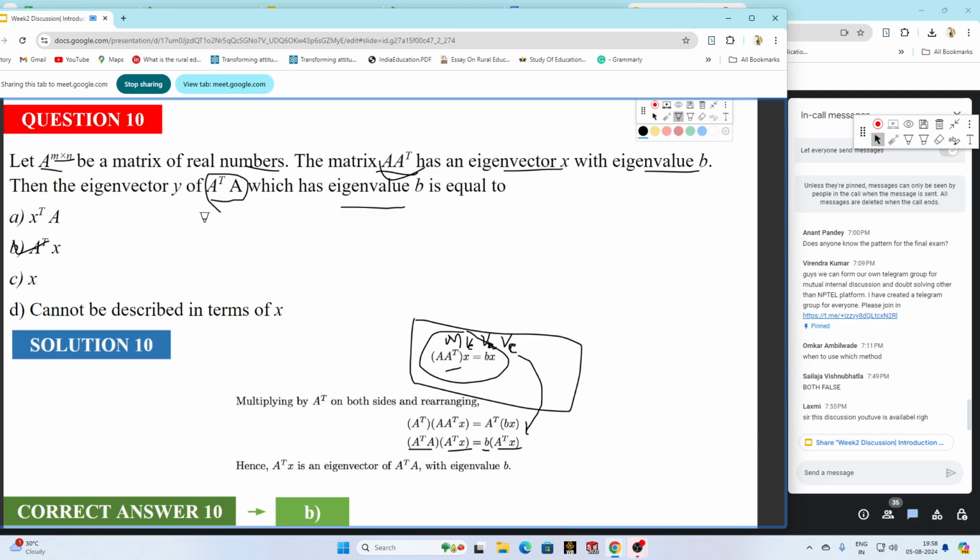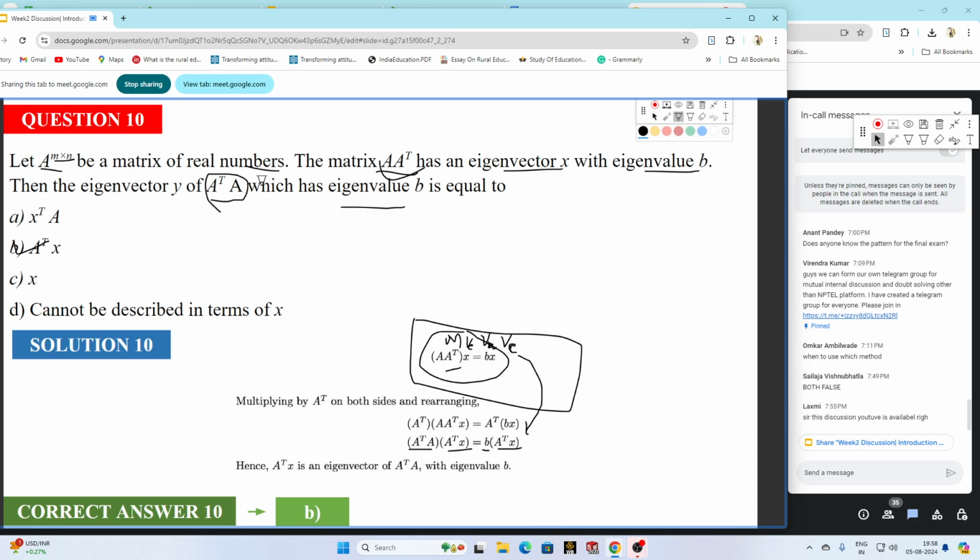Now we have been asked to find the eigenvector of this matrix. Now how can we solve it? For AA transpose we have been given the eigenvector as well as the eigenvalue. So here you can multiply this matrix with A transpose. Why are we multiplying with A transpose?